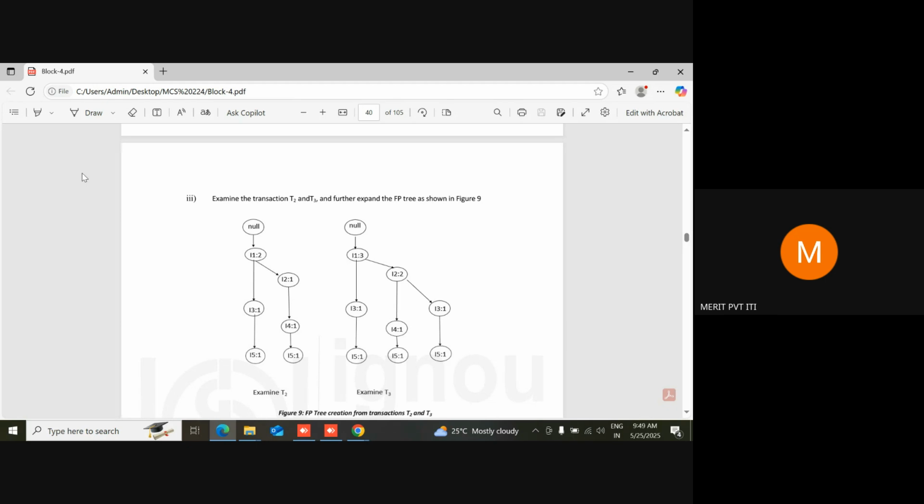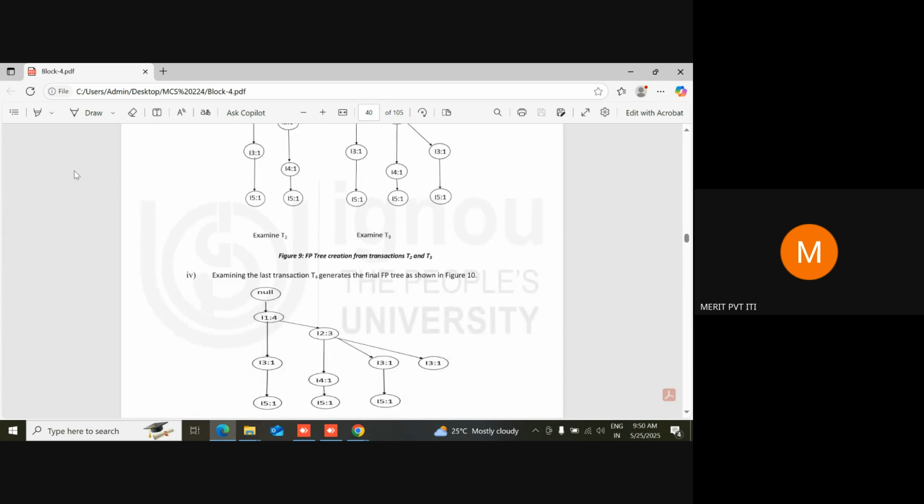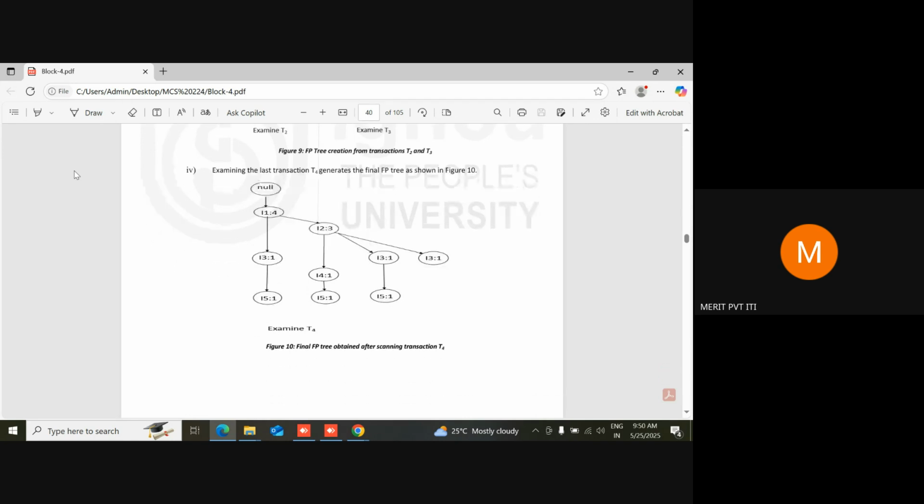Null, 1, 2, 1, 2, 1, 4, 1. I5-1, I3-1, I5-1, then I3, I2-2, I3-1, I5-1, I4-1, I5-1, and so the last is I5-1. That type of thing is T3. Same thing, examining this. So the last is I5-1 and so on, and the various branches are there.